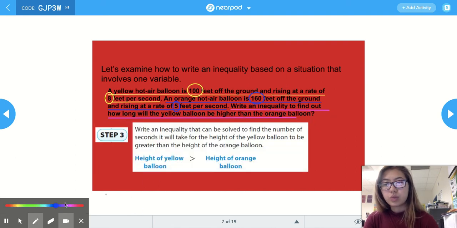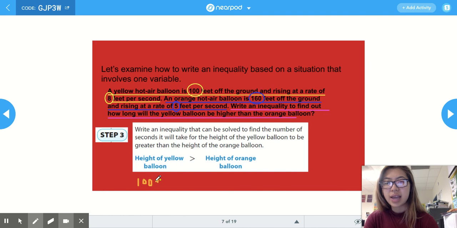So we have our expressions: 100 plus 8x is greater than 160 plus 5x.